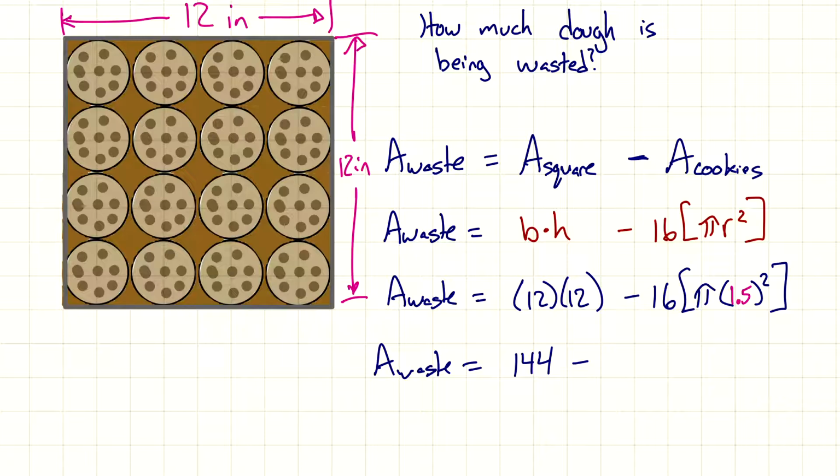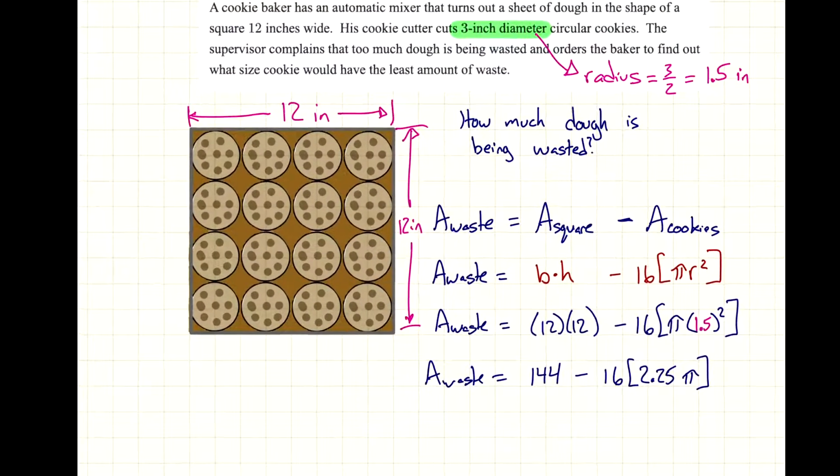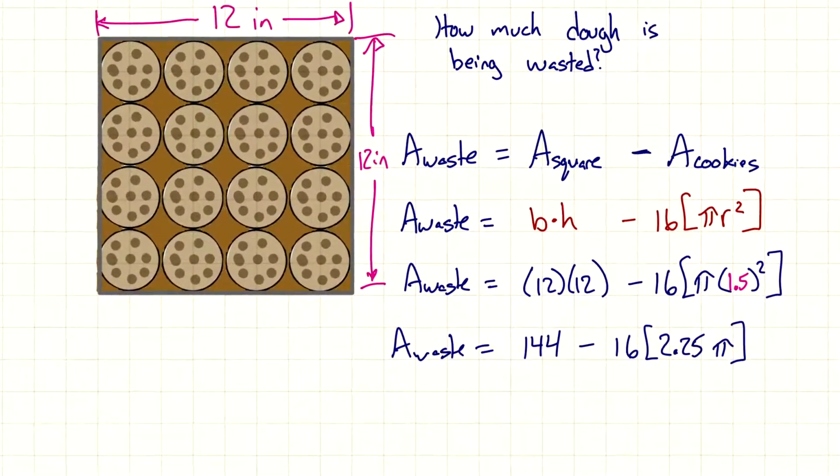probably want to start with 1.5 squared. So 1.5 squared is going to give us 2.25. Unless you left it as a fraction, then you would have 9/4. It actually would work out nicely as a fraction.